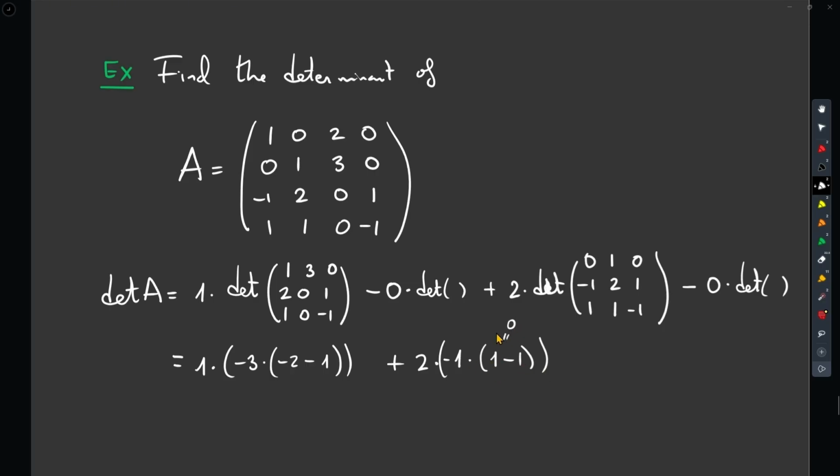So this is 0, and this is minus 3 times minus 3. So the total is 9. So that is the answer: the determinant is 9, and therefore this matrix is invertible because it has a non-zero determinant.